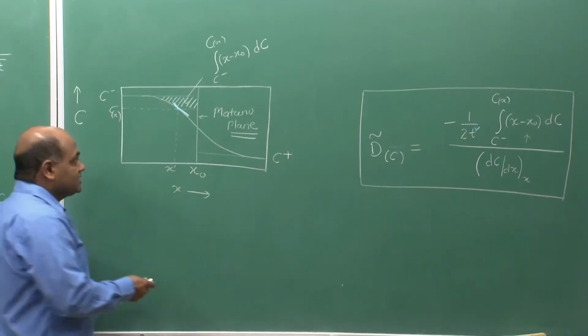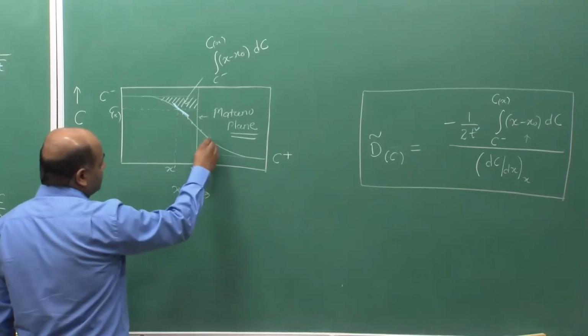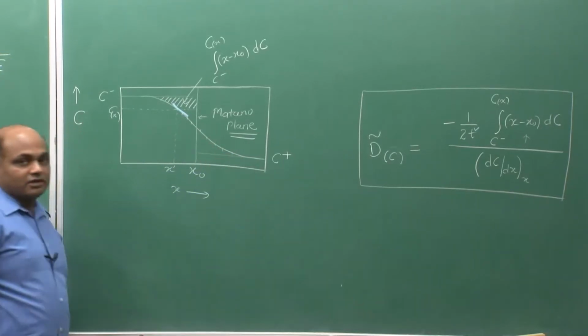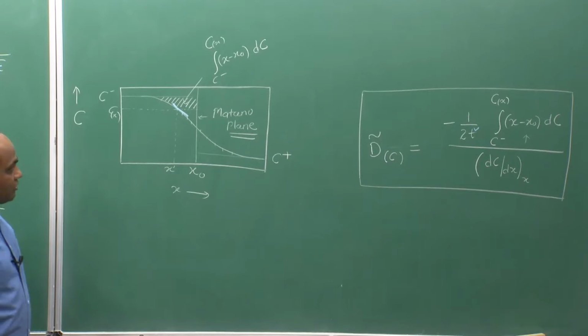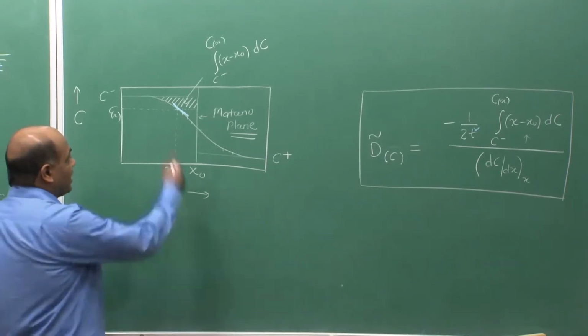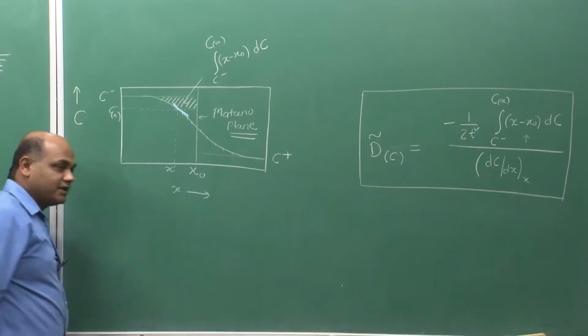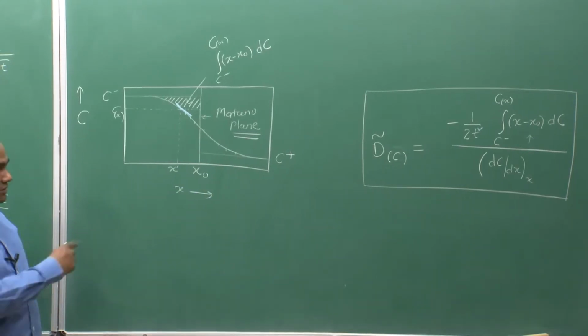Now, it can be easily seen, this we can apply at any plane in the diffusion zone, and so we can find out the interdiffusion coefficient at every composition that develops in a binary diffusion couple using this technique.